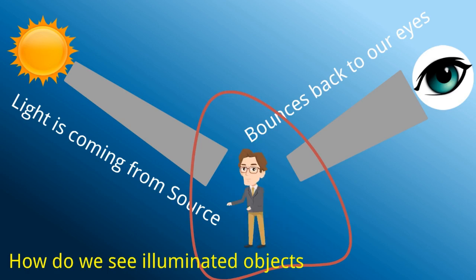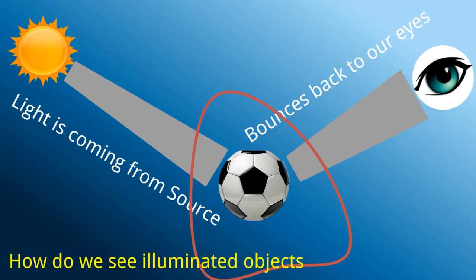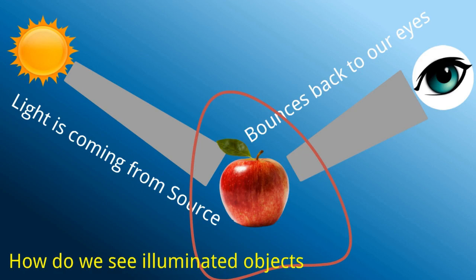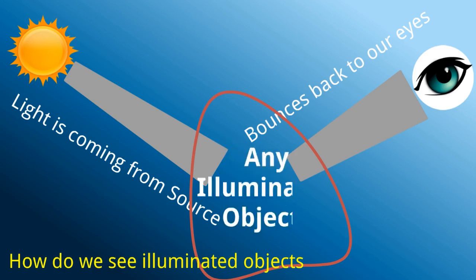Light is falling on the person and again the light bounces back to our eyes and we can see the person. And if you take a football, it is the same thing. And you can even take an apple. Here light is falling on the apple and it bounces back to our eyes and we can see the apple. So in that way, we see all illuminated objects with the help of light from a luminous object.